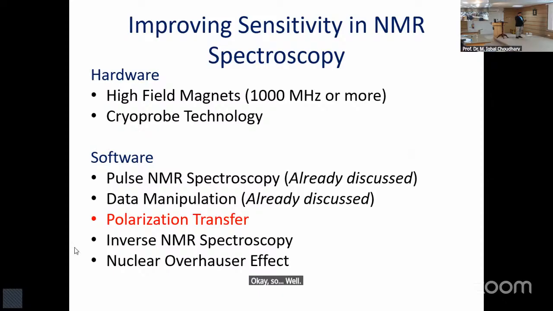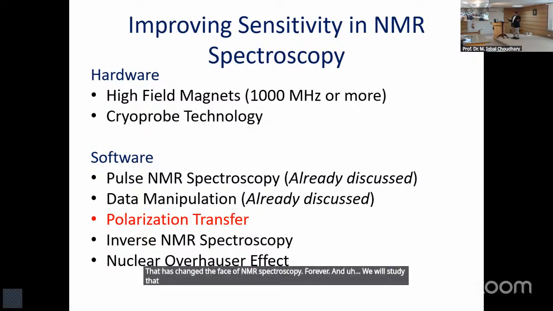Polarization transfer, that was the most important development in NMR spectroscopy after the pulse. That has changed the face of NMR spectroscopy forever. And we will study that a bit more at length.